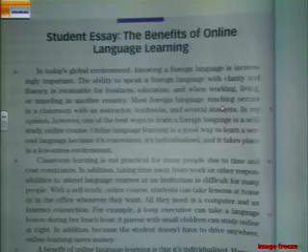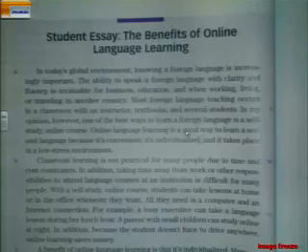Most foreign language teaching occurs in a classroom with an instructor, textbooks, and several students. In my opinion, however, one of the best ways to learn a foreign language is a self-study online course.